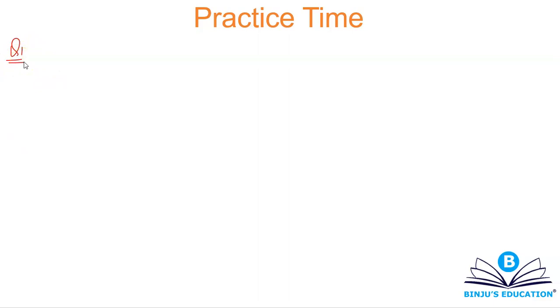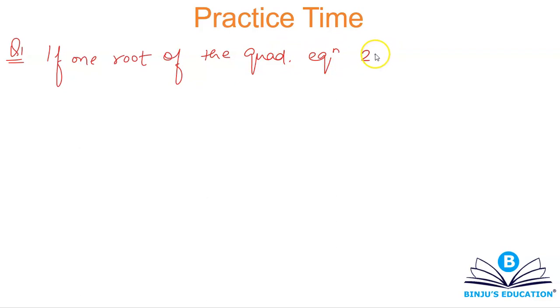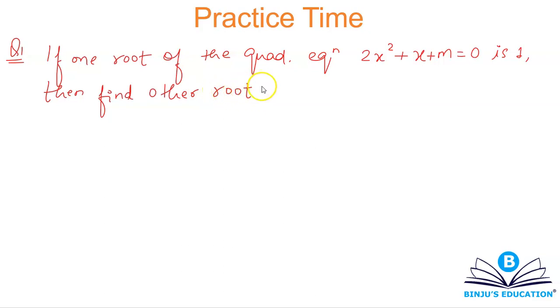Question number 1 says that if one root of the quadratic equation 2x square plus x plus m equals 0 is 1, then find the other root. Okay, so you know what the drill is. You need to pause the video, try the question yourself, then play back the video in order to understand how to solve this question.